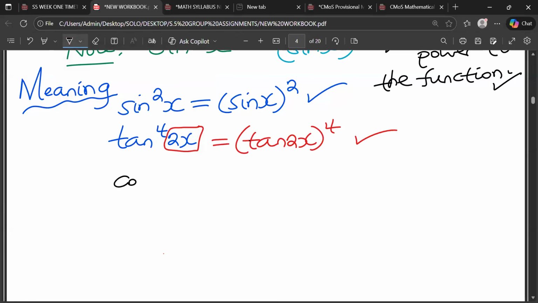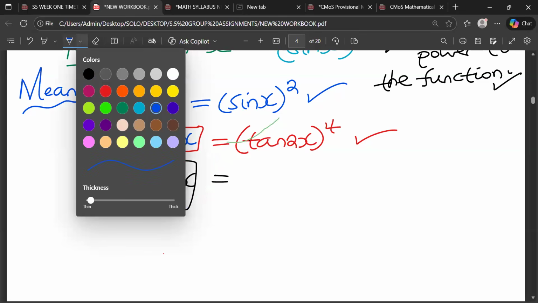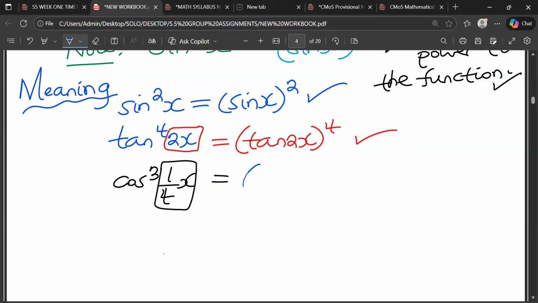If I'm having cos to the power 3, and maybe my angle is a quarter x, then that is the angle. So our function is cos with its angle, a quarter x, and the overall power is 3.